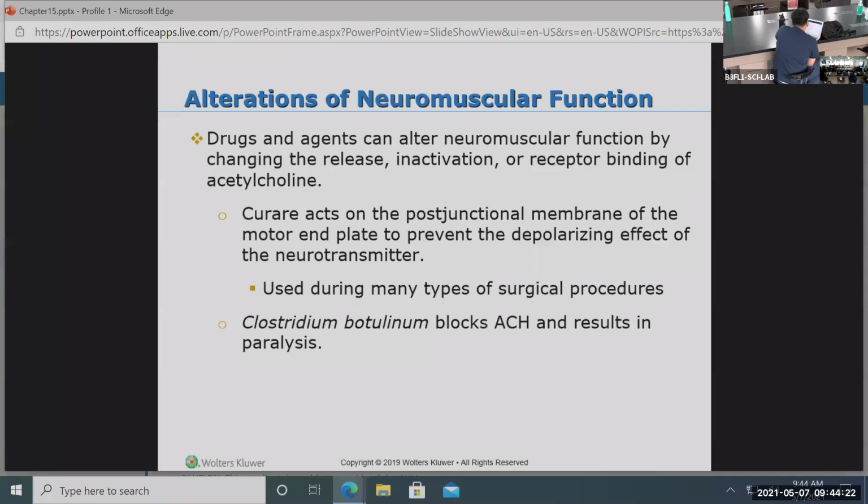Sometimes the surgeon says, I can't see, I can't relax, I need some more relaxation. So the anesthetic person increases the dosage of Curare to relax the operation site. Curare is used as, make a note, a muscle relaxant.